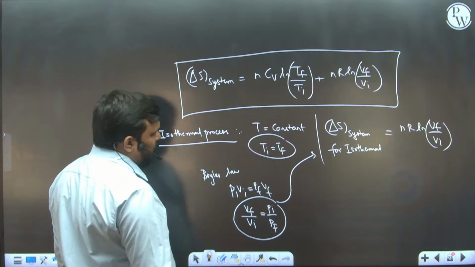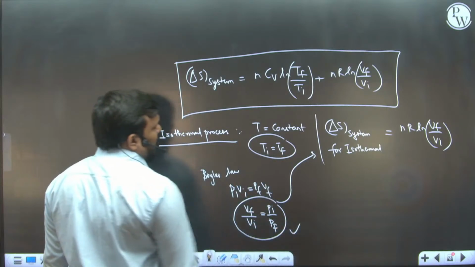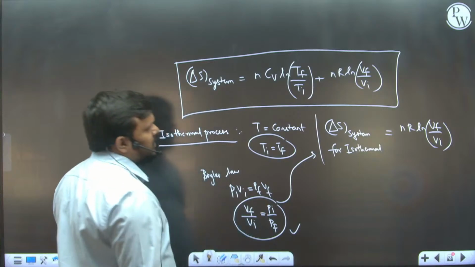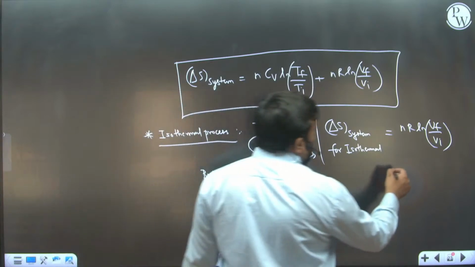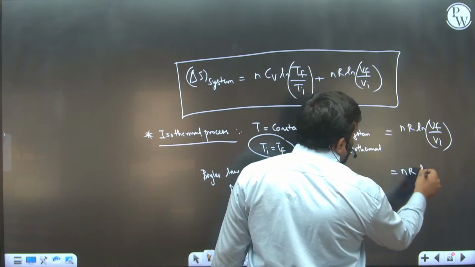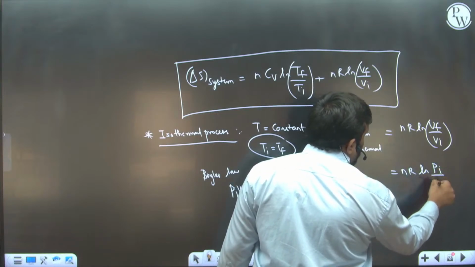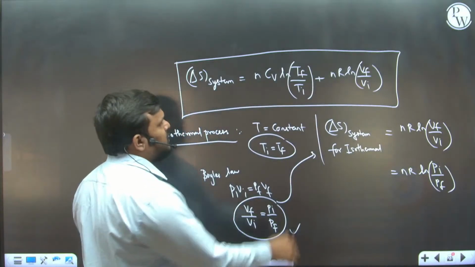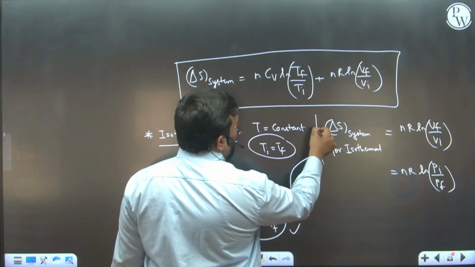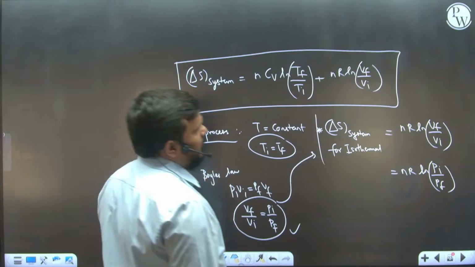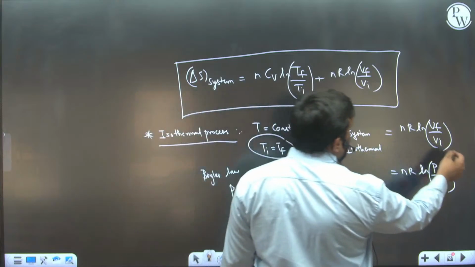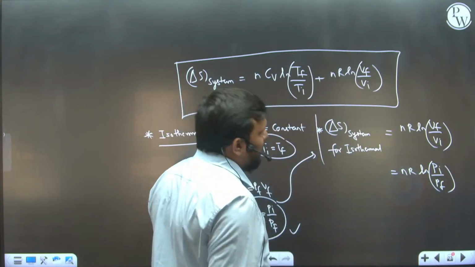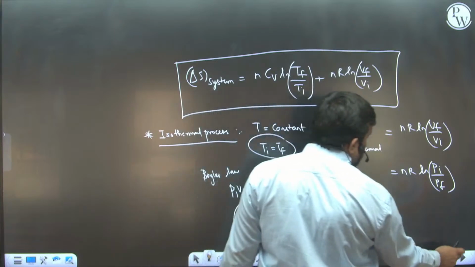Instead of V final upon V initial, I can put it in terms of pressure as P initial upon P final. So we are getting nR ln P initial upon P final. This is our equation of entropy change for the system for isothermal process: nR ln V final upon V initial, and in terms of pressure nR ln P initial upon P final.